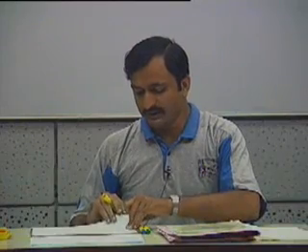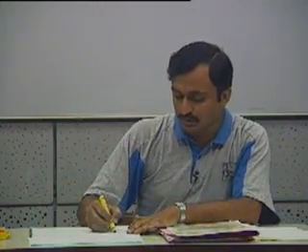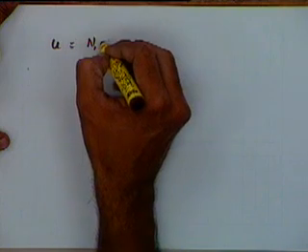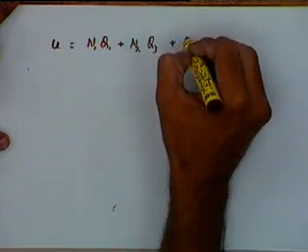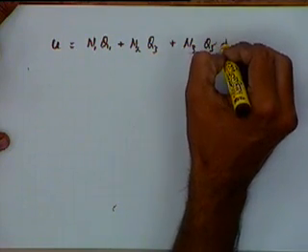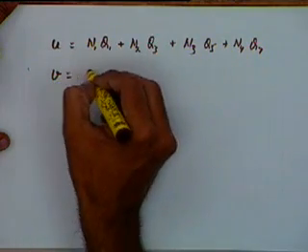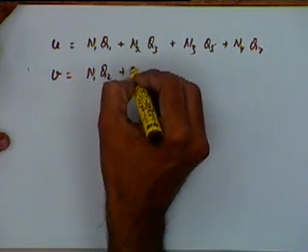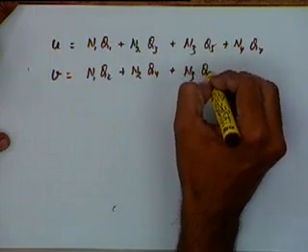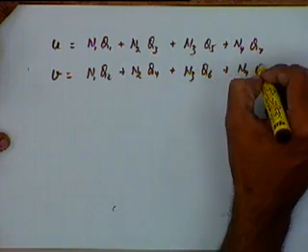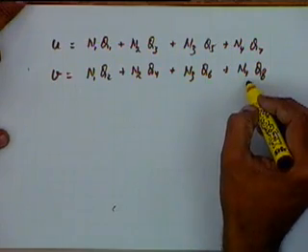So if you want to get the deformation in the x direction, the deformation u will be equal to n1 q1 plus n2 q3 plus n3 q5 plus n4 q7, and v will be equal to n1 q2 plus n2 q4 plus n3 q6 plus n4 q8. Okay, where n1, n2, n3, n4 are the 4 shape functions.